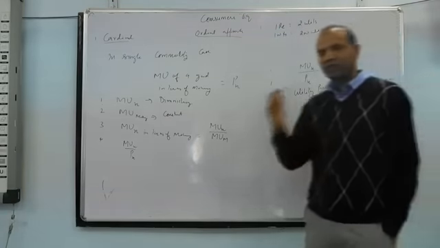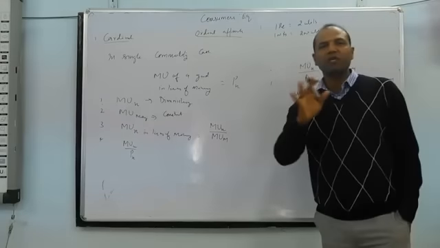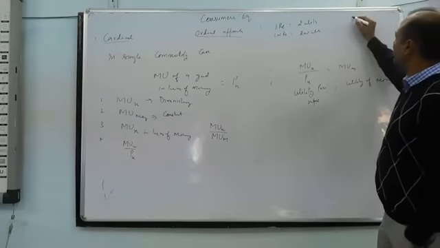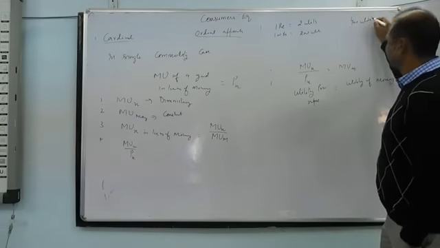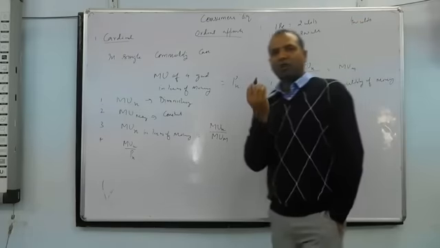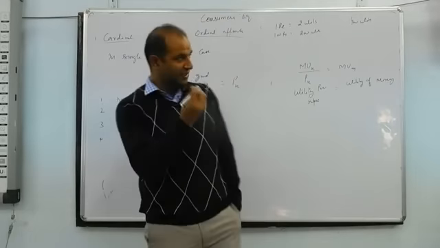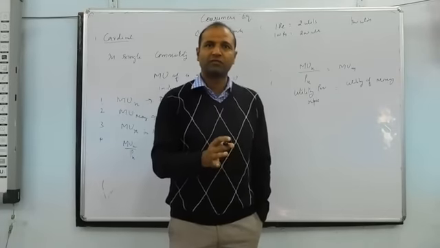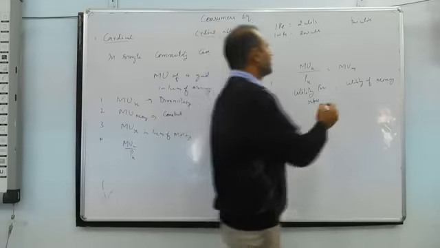So we assume that utility of money is constant. Suppose by watching a movie, you are getting satisfaction equal to 400 utils. And the utility of money is 2.